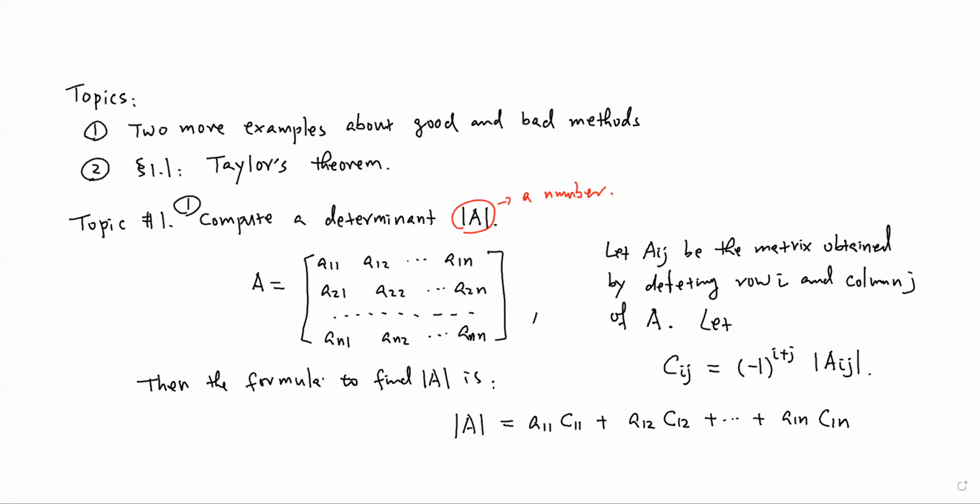Say for example, suppose that A is 2 by 2: A11, A12, A21, A22.